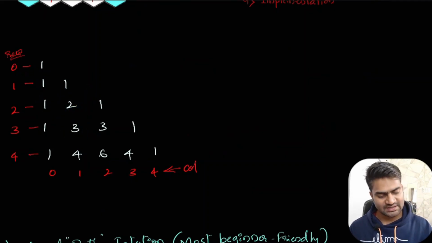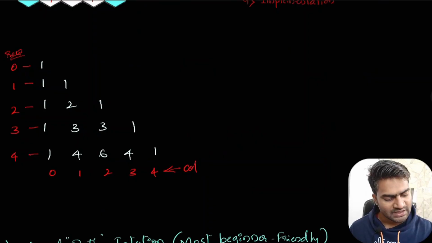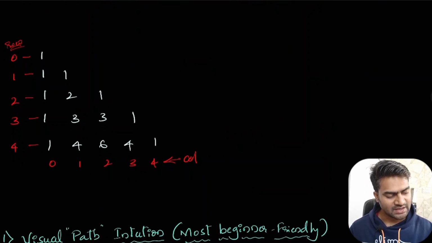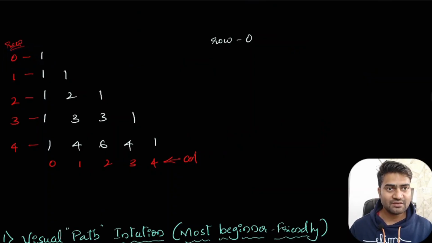So if that is the case, now how will I solve this problem? Basically, I will consider a row initially. For row 0, I don't do anything. This is basically our row 0. Normally they will give the row number, so you will have to subtract 1 so that you solve this problem in zero based indexing.